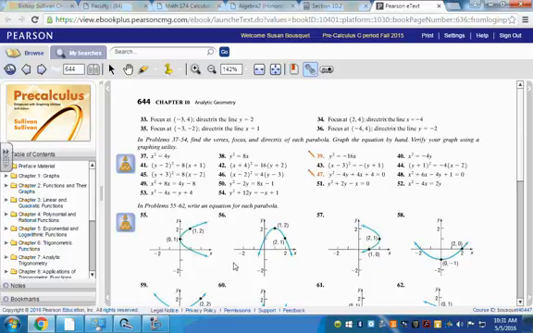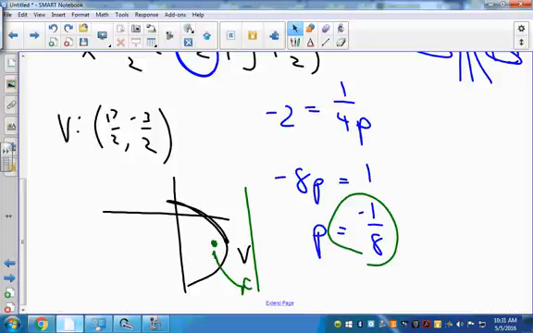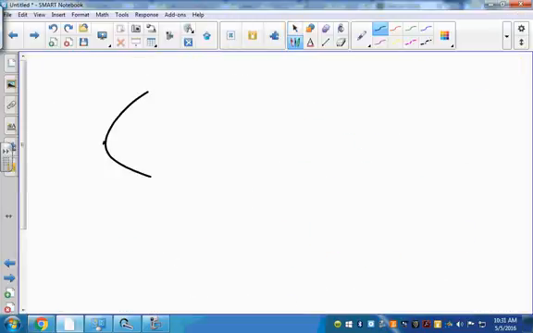Your task is to find the equation of that parabola. In fact, 55 is easier than 48, so let's do 55 first. What's the equation? How do I start?